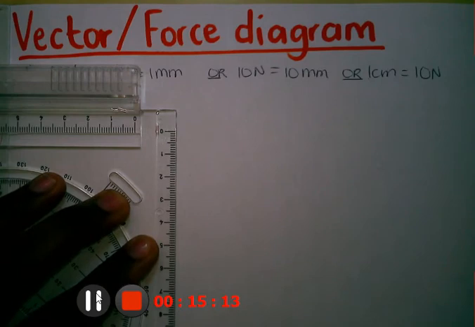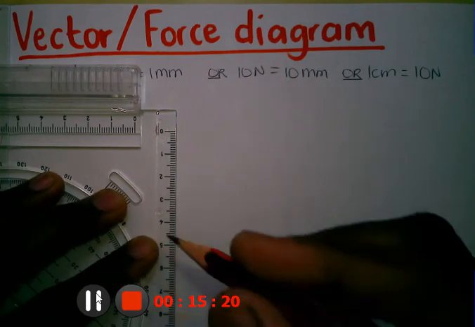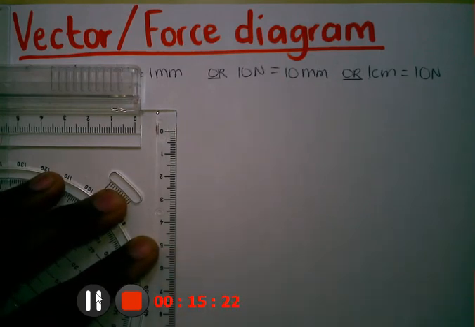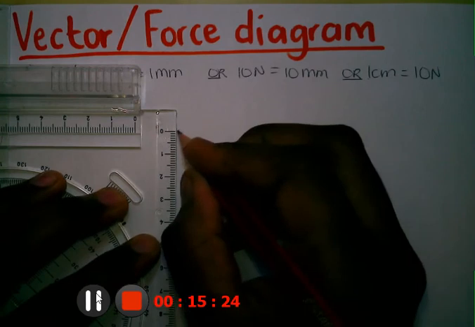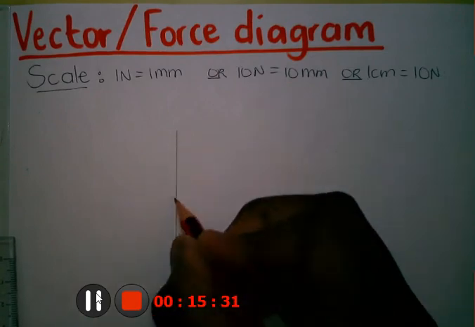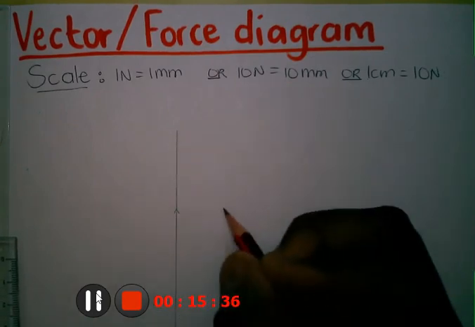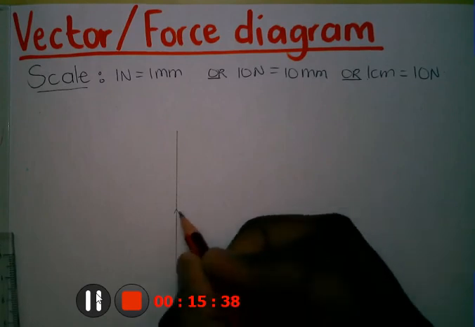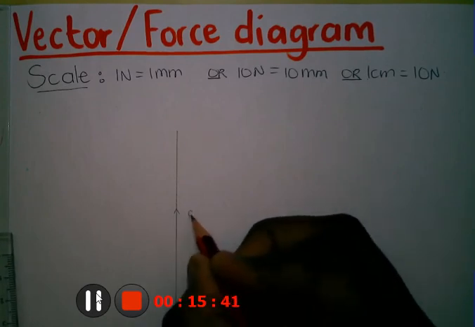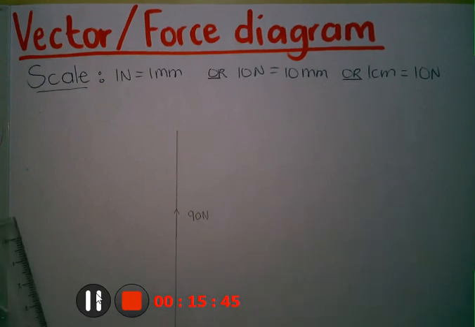This will eliminate errors of either increasing your forces or the answers that you get. So make sure the 90 Newton is vertical, 90 degrees. Okay, make sure you label your arrow, with your arrow showing the direction, and then you indicate that that is your 90 Newton.